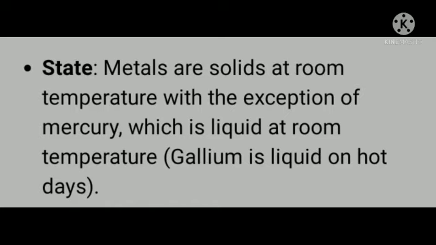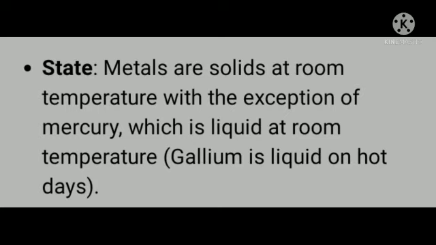Except mercury and gallium. Mercury is liquid, and gallium is solid, but at high temperature, in hot conditions, it starts to melt and form liquid. So all the metals exist in solid state except mercury and gallium.